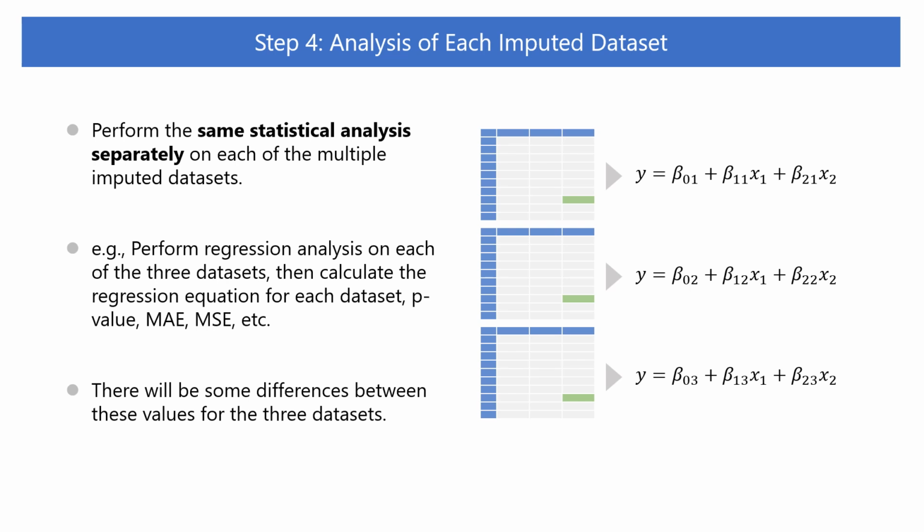The MAE and MSE are indicators that quantify the error between the estimated values produced by the regression equation and the actual values of the dependent variable. They are calculated for the entire regression model. It is expected that there will be some differences between these values for the three datasets.